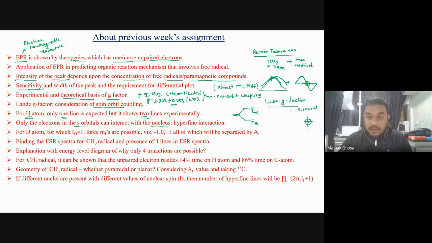Now coming to the main point: for hydrogen, there is an interaction of the electron with the nucleus. For hydrogen, I, the nuclear spin quantum number, is half, so mI could be plus or minus half.